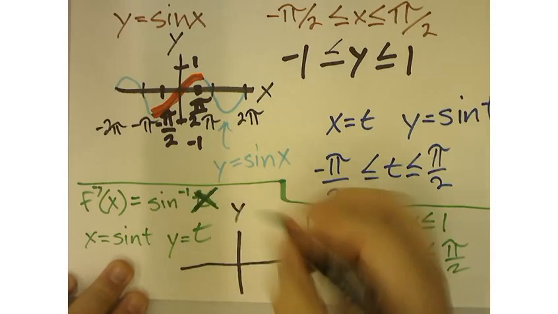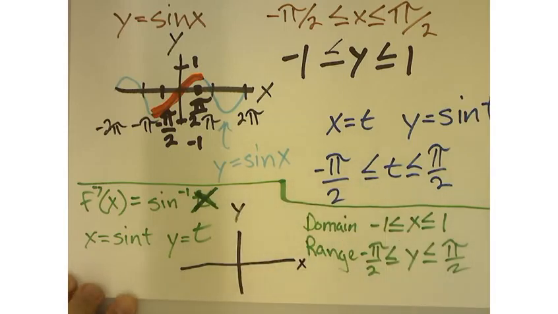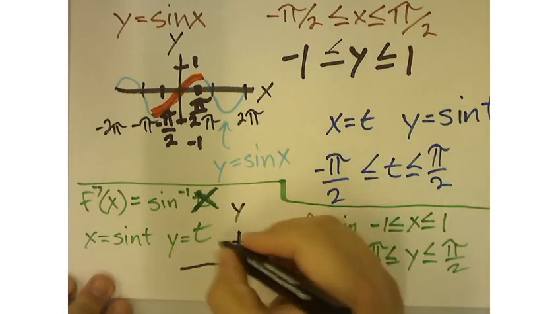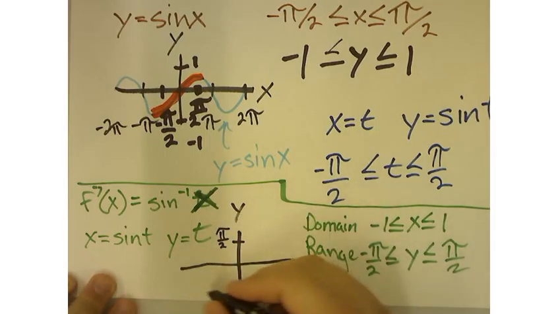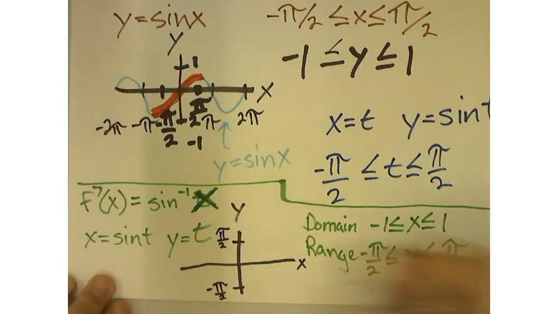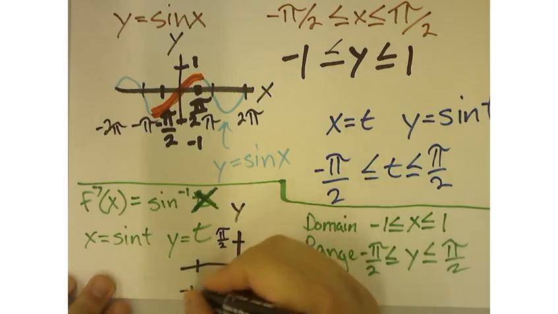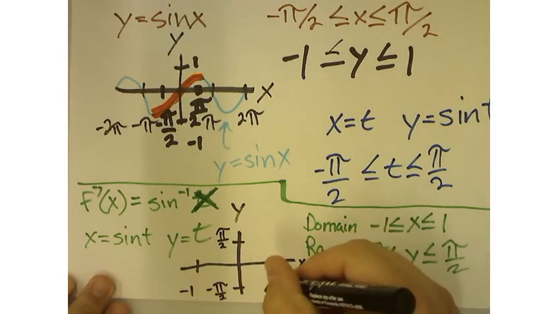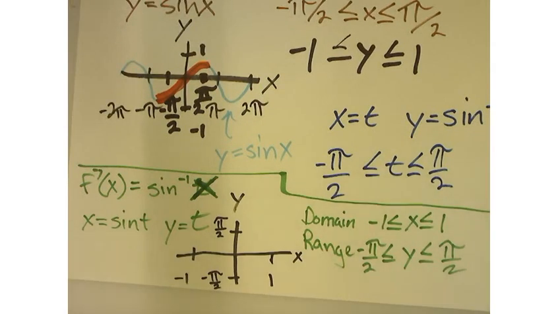Here is my y, here is my x. So my range goes from pi over 2 to negative pi over 2. And then my domain is from -1 to +1. And how would I graph that? Well, you got to look at the lower and upper boundaries.